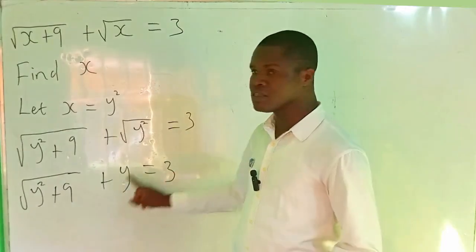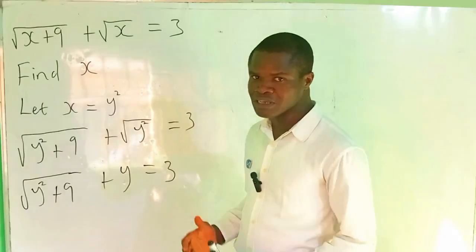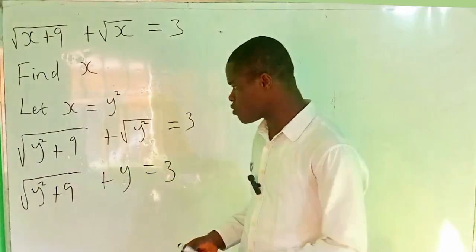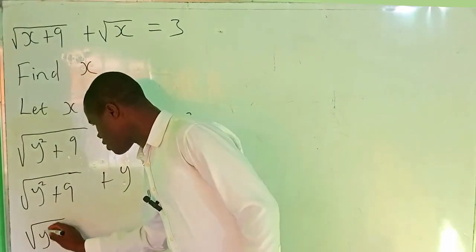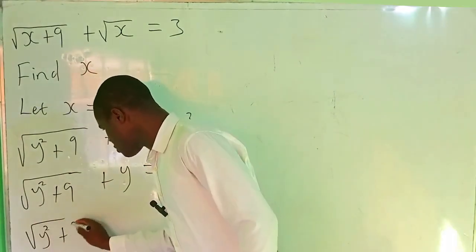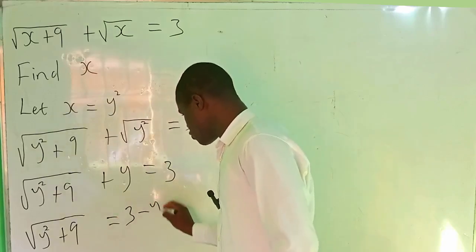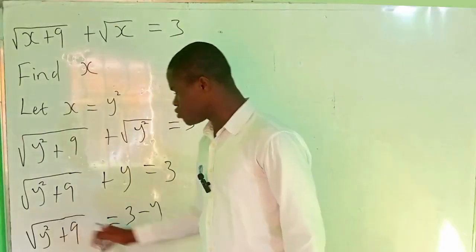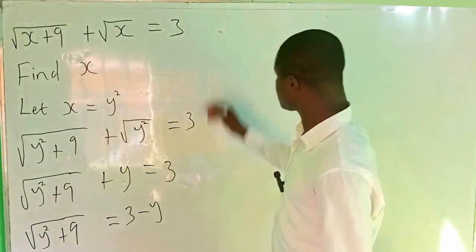So move this y to the other side so that we can take the square of both sides, so that the square can cancel the square root. So that means the square root of y squared plus 9 is equal to 3 minus y. To remove this square root, I'm going to take the square of both sides of the equation.